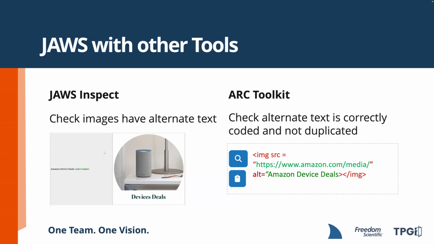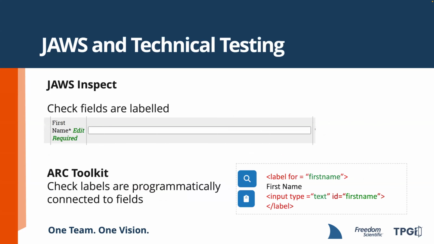But then the ARC Toolkit, as I said, is the technical tool that can translate these issues. Same image, but in this case, you're checking the actual tags to make sure that it's tagged correctly. So if an issue is found when you're looking at JAWS Inspect, with the ARC Toolkit you can get down to the cause, which is the incorrect tag or no tag, whatever the case might be.